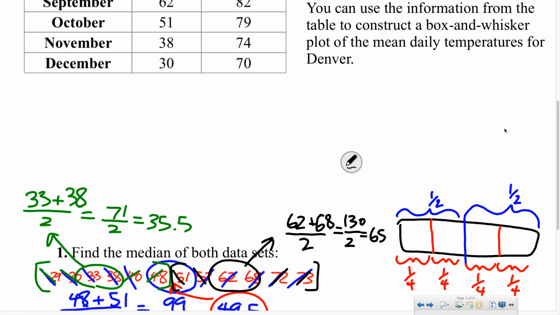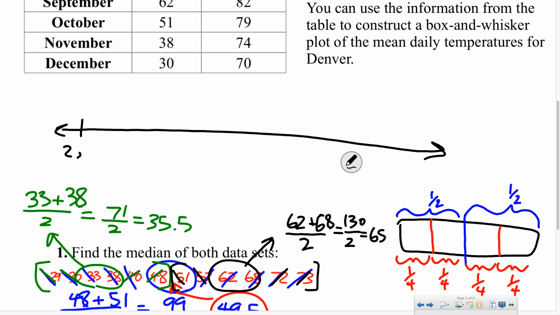Okay, so what's our smallest value? 29. Let me go ahead and make a number line. This is just a rough sketch. So it starts at 29 and it ends at 73. So this is how you'd have to make your number line. So 29 is pretty close to 25 and 73. So I'll start my number line at 25. And then let me just skip by 5.